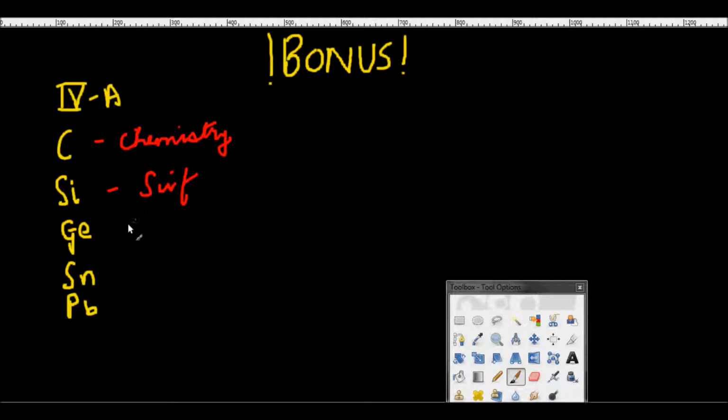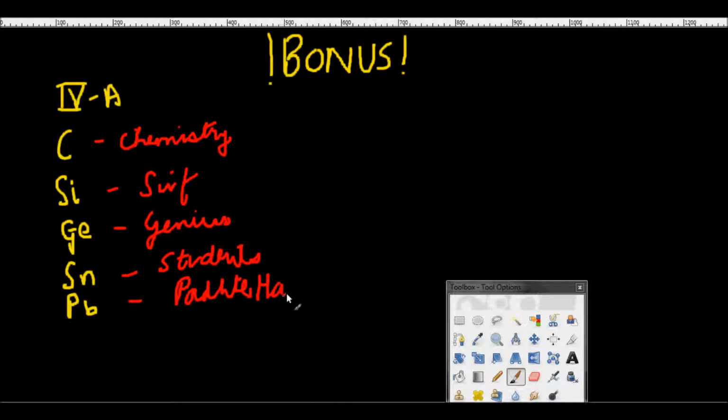Yeah, so G man genius and genius. Students, notice how I remember the S and the N in them. Padhte hain. Now this is the only one, it's got two words, I understand, but anyway, I just had to make up something, so might as well just be this. So I know this is funny, I know this is a truth actually, and now I come on to 5A.